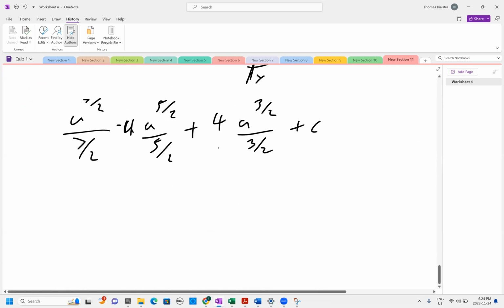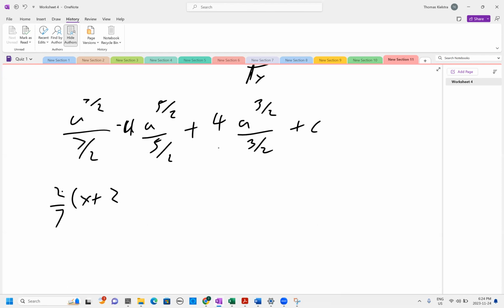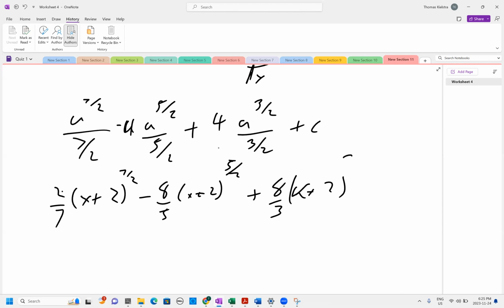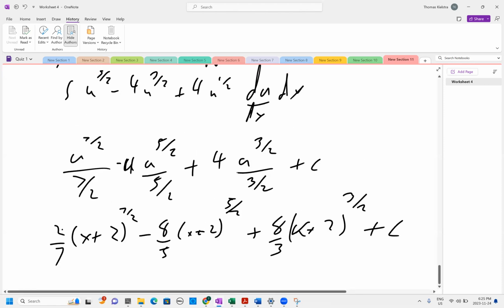So this is 2 over 7 times x plus 2 to the 7 over 2 minus 8 over 5 x plus 2 to the 5 over 2 plus 8 over 3 x plus 2 to the 3 over 2 plus c, and thus we have our solution after we substitute back in to x.